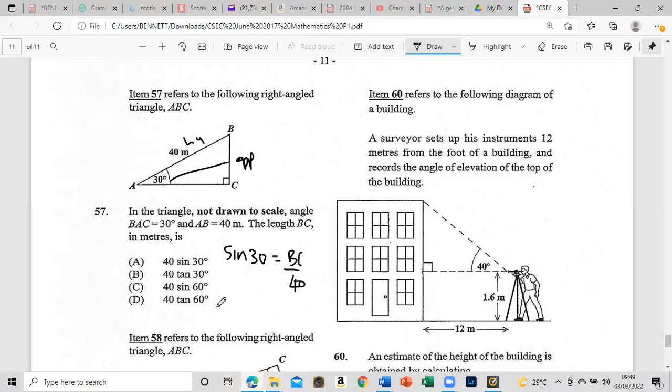Cross multiply, so 40 times sin 30, and that would be 20. We can finish up now, guys.